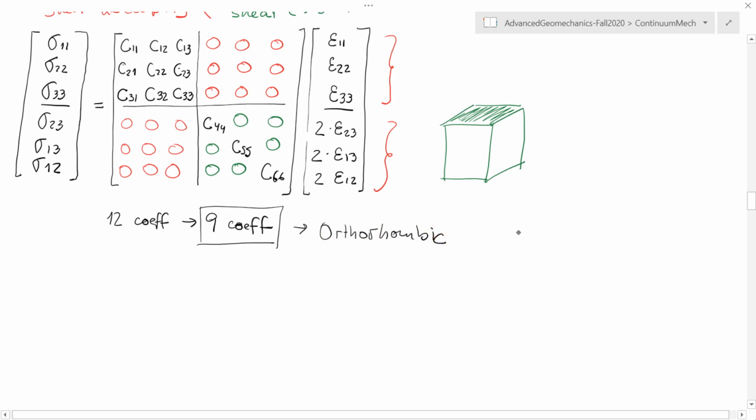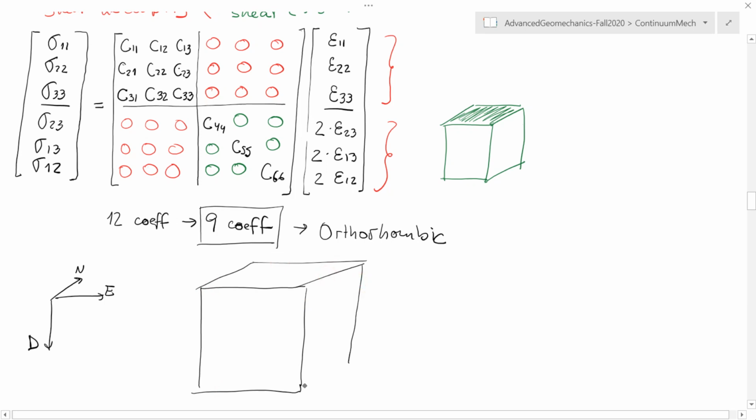symmetry or an orthorhombic model in which, for example, if I were to have a coordinate system like the one that we have been using, north, east, and down, and I have a rock here which is composed by a block.